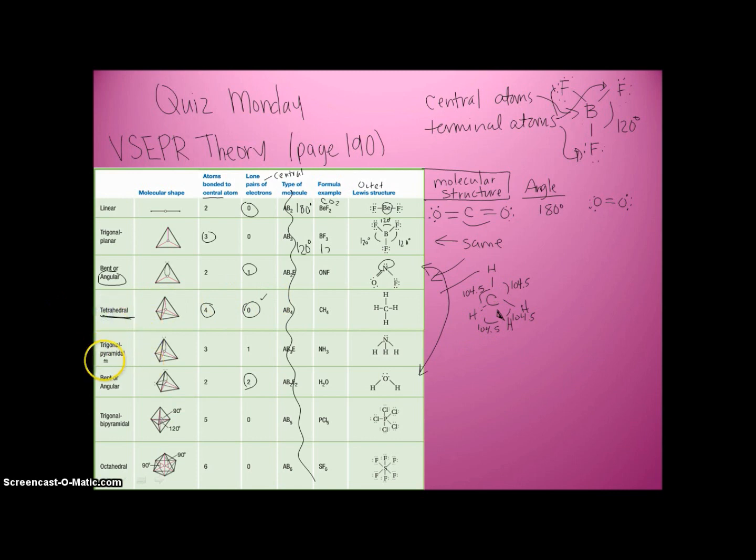The next one is called trigonal pyramidal. It has 3 atoms bonded to the central atom. And this is typically going to be nitrogen. Nitrogen really likes this one lone pair on top. You can see that it does that a lot. And even as a diatomic molecule, it has one lone pair.